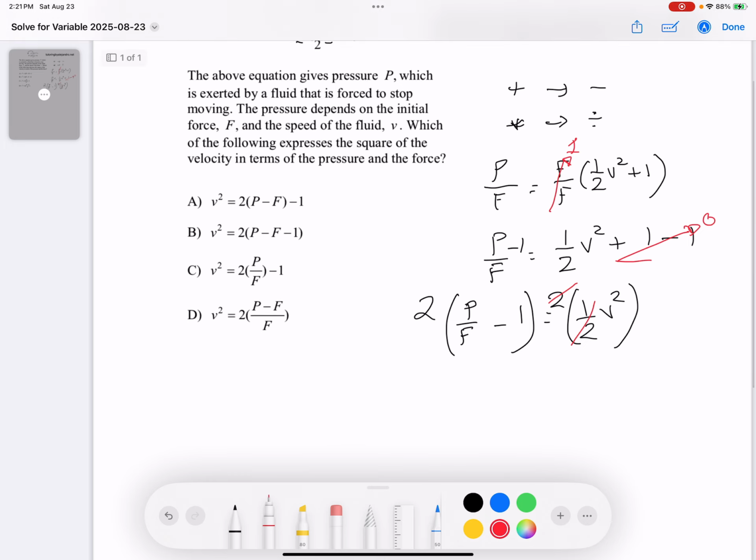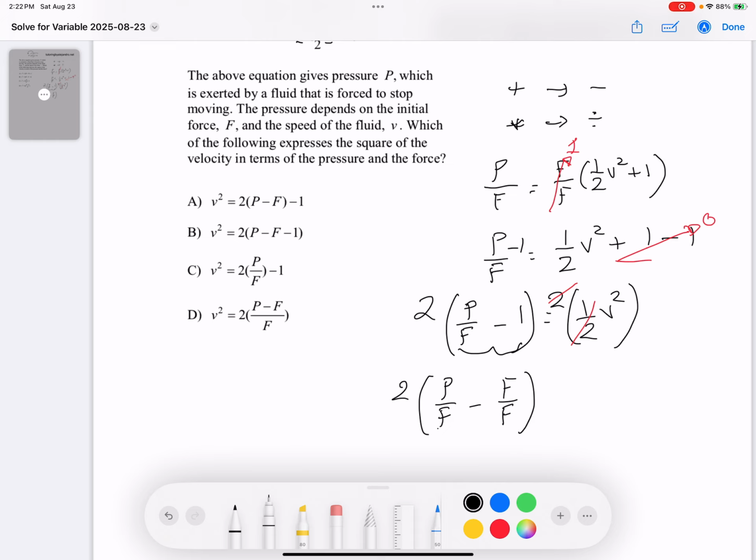Okay, so I'm almost there. I just have to do a little rearrangement here. So I have p over f minus 1. There's a couple ways to do it. One way is just seeing that 1 can be rewritten as f over f, right? If you have something divided by the same thing, as we said before, that's just 1.